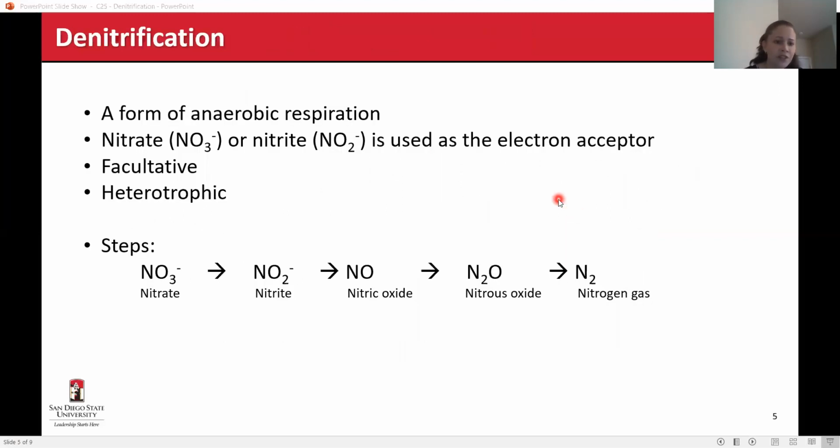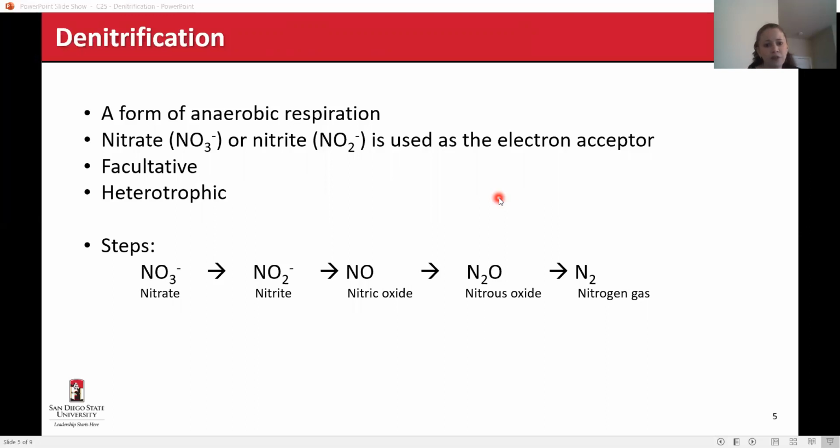Okay, so denitrification is a form of anaerobic respiration. So what does that mean? Well, if you think about us as humans, we do aerobic respiration, meaning we breathe in oxygen and we use that as our electron acceptor, if you will. And we do respiration using that.